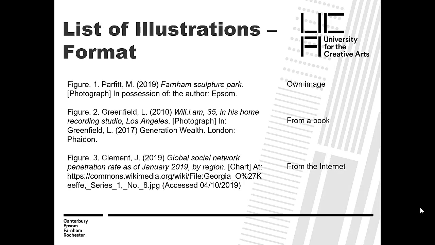Your list of illustrations must be formatted correctly. Your image references must be written in a particular way, with specific bits of information placed in the correct order. Generally they follow a very similar format.